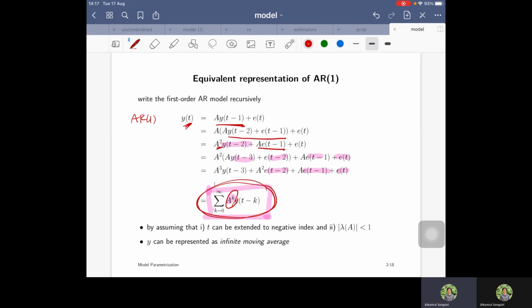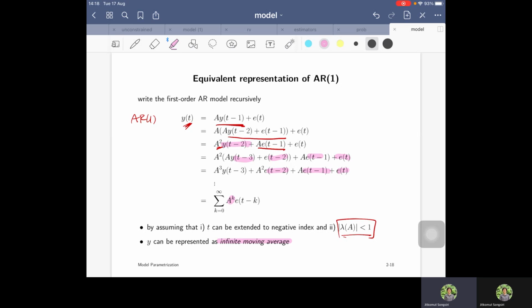So that implicit assumption is that the modulus of your eigenvalue should be less than 1. Then by having this result, you see that you can view the autoregressive process as an infinite moving average.